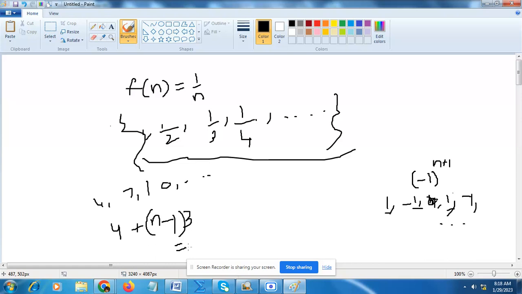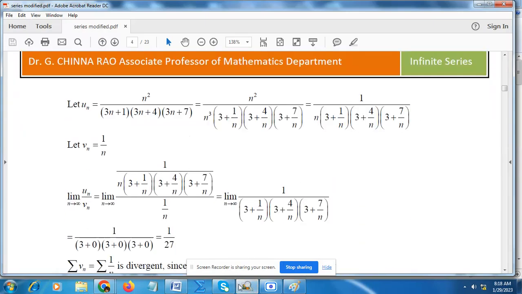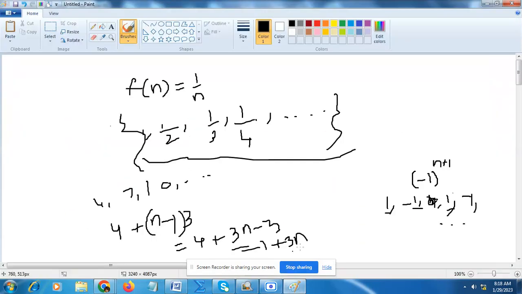So finally we have 4 plus 3n minus 3. 4 minus 3 is 1, plus 3n. So 3n plus 1.